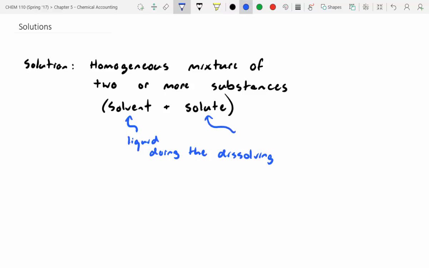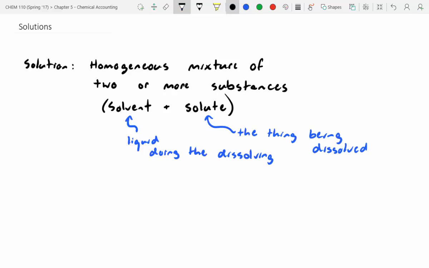This is the thing being dissolved. So if you've ever made simple sugar, right? Simple sugar, you take sugar and water. What is the sugar? Is it the solvent or the solute? It's the solute. It's the thing being dissolved by the water. So make sure that you keep those kind of squared away in terms of their overall definition.